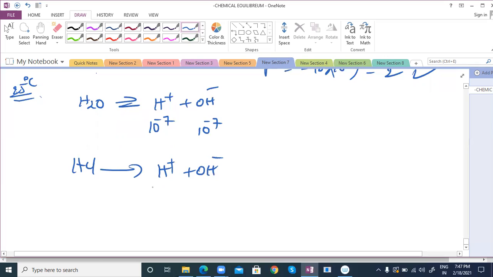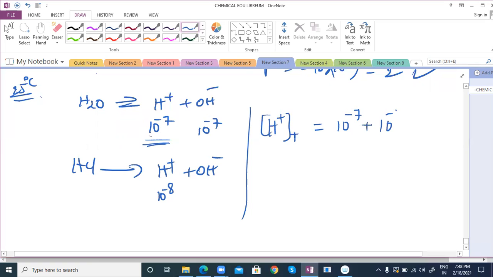I'm calculating here approximately, not the exact value, just approximately. Then what is the total H plus concentration? We have to add both water plus acid: 10 power minus 7 from water, and H plus from acid 10 power minus 8.